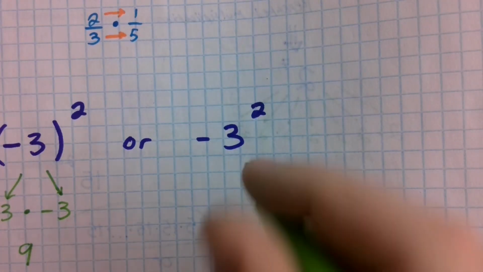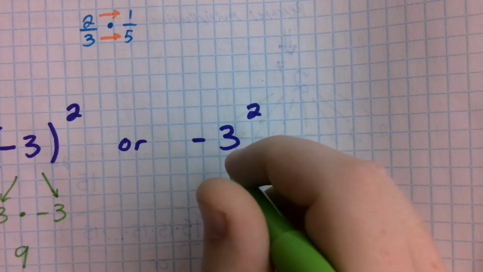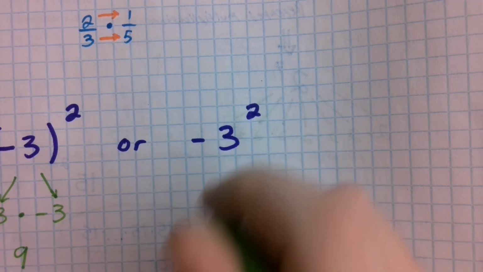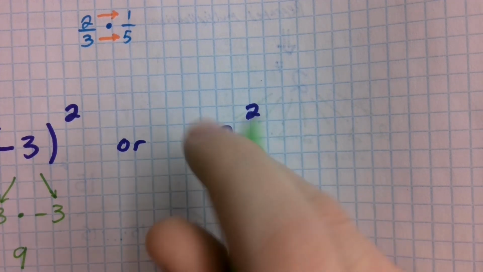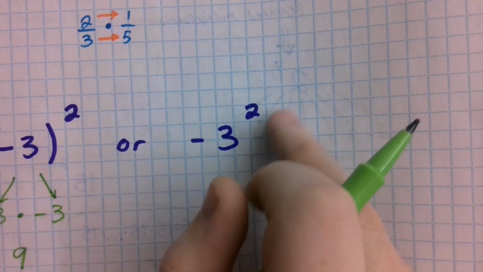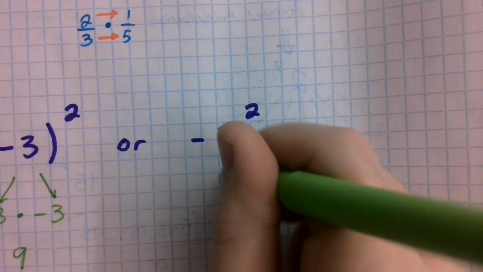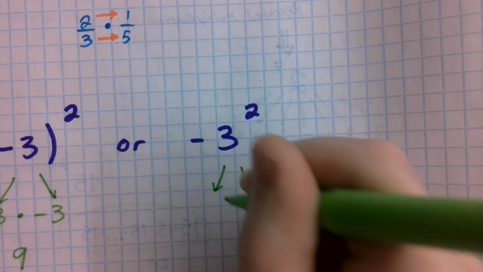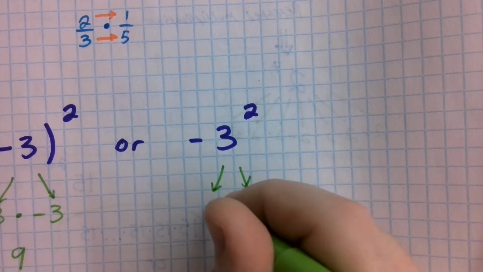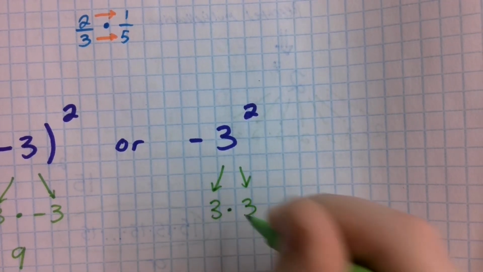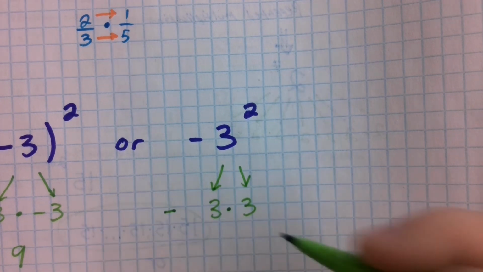What about over here? What's being squared here? This time the negative isn't being squared, it's the 3. So what this is saying is that 3 is being multiplied by itself, and by the way, there's a negative sign hanging out.